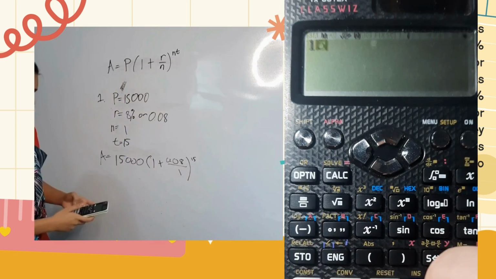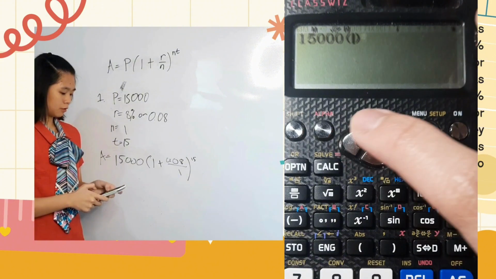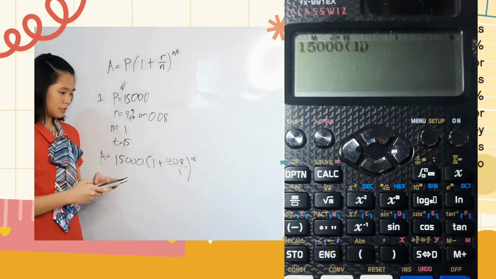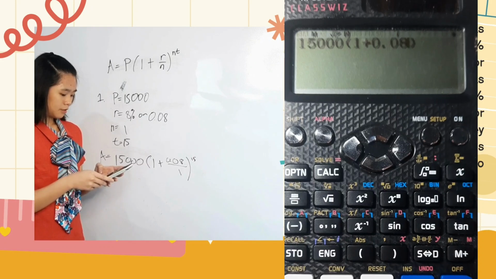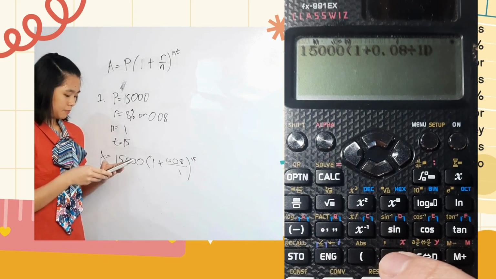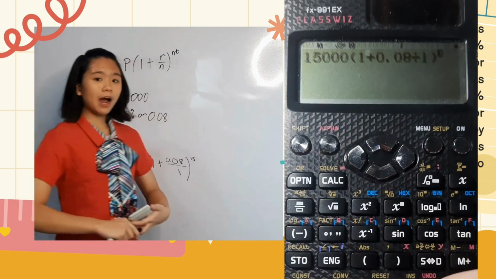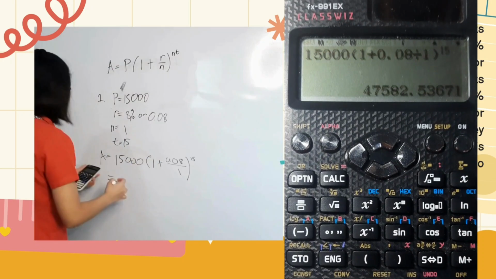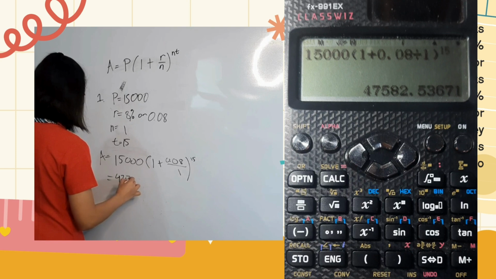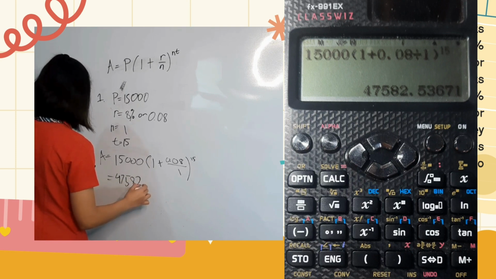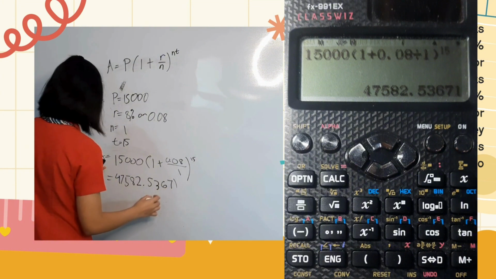You press 15,000, open parentheses, 1 plus 0.08 divided by 1, close, then raise it to 15. So our answer is 47,582.53671.